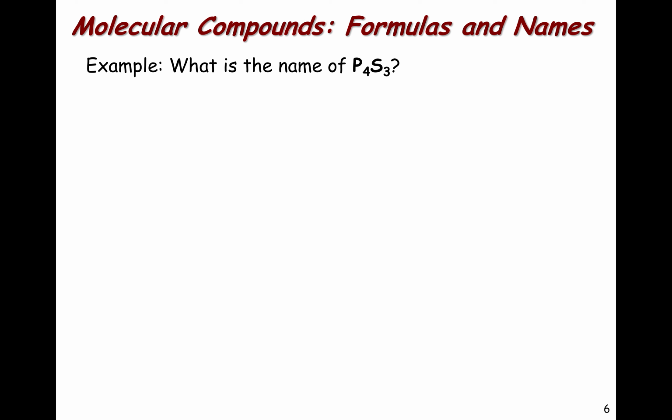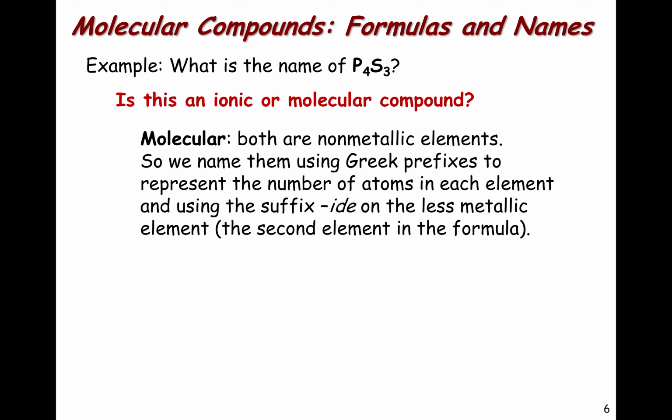As an example of how to name a molecular compound, we have a compound here with 4 phosphoruses and 3 sulfurs. To name this, we would start out and ask ourselves, is this an ionic or a molecular compound? Since it contains all nonmetals in the formula, it must be a molecular compound, and so therefore we are going to use our prefix system.